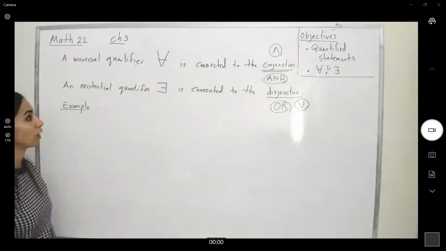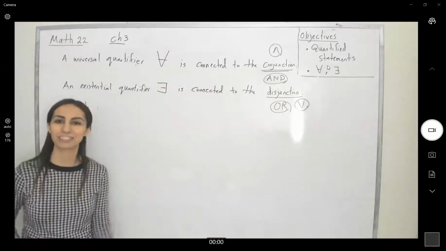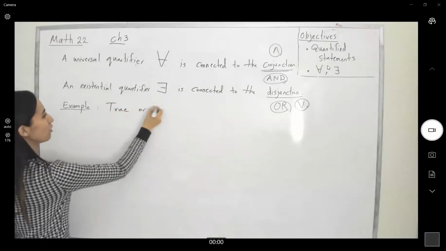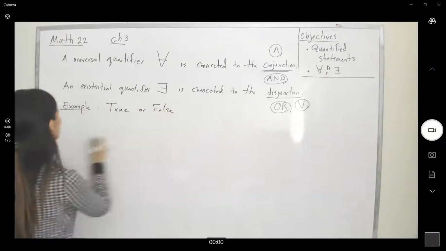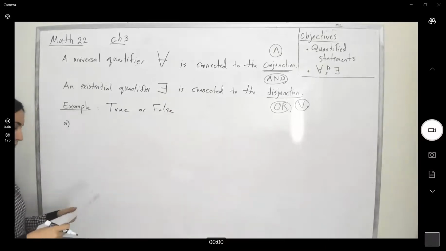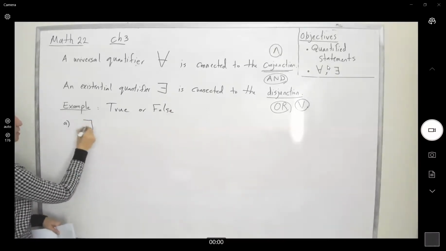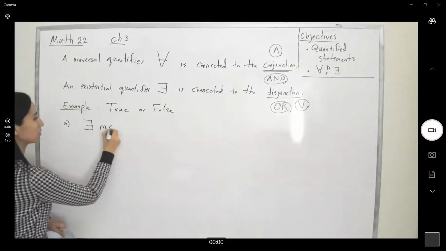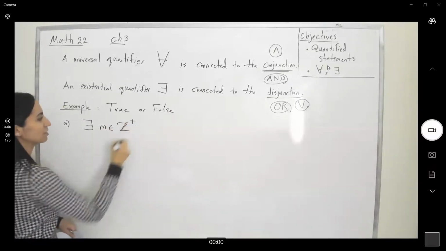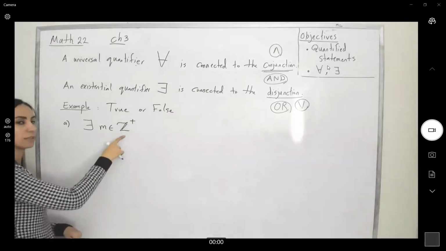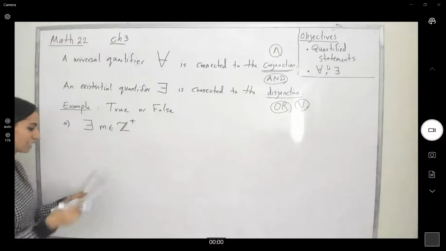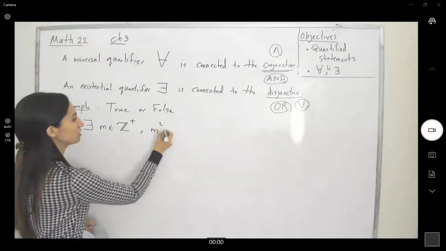So I expect you to ask, what if we have existential statements? True or false? The first one says, there exists at least one member in positive integers, or just natural numbers, such that m squared is equal to n.